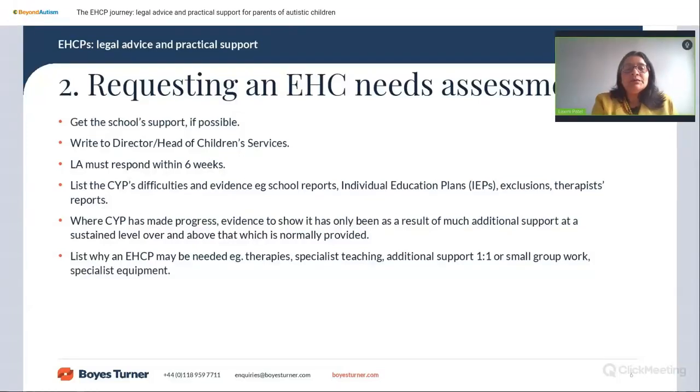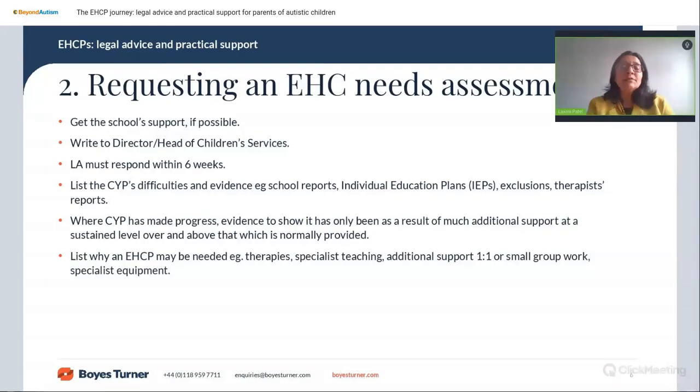And what you would be putting into your request for an EHC needs assessment is listing the child or the young person's difficulties and evidence of those difficulties. So here you would be looking at school reports, individual education plans, showing the cycle of assess, plan, do, review, any exclusions if there have been any difficulties, any therapist reports as well, medical reports, diagnoses as well.